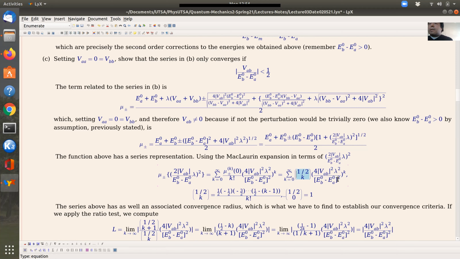These are the related binomial coefficients, then you have this term to the kth power. The binomial coefficient 1/2 choose k is defined like this: 1/2 times 1/2 minus 1, times 1/2 minus 2, and you go all the way to 1/2 minus (k minus 1), divided by k factorial. And you need an extension for the case k equal to 0, which is defined as 1.